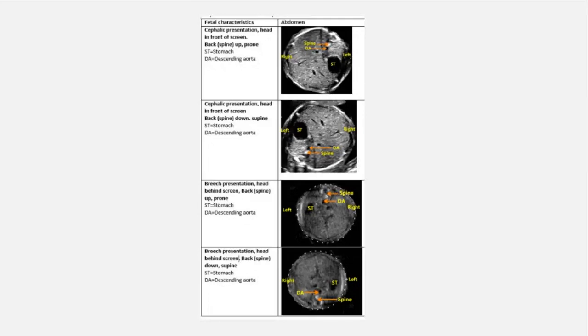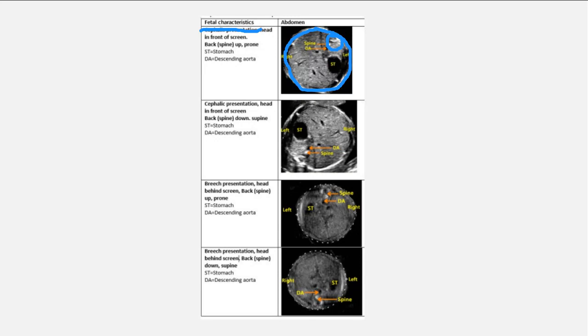So if we look at this top picture here, we're going to pretend that this isn't here. This is going to be our baby belly. We said that our spine is always 12 o'clock. Here's our spine. And then for our stomach, we want to find where it is in relationship.